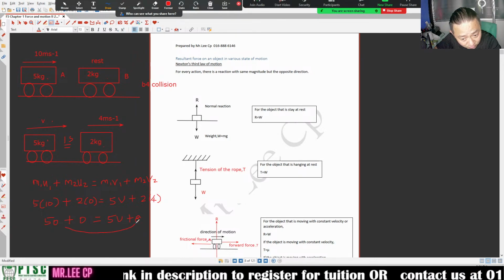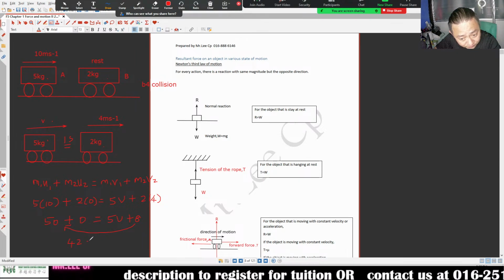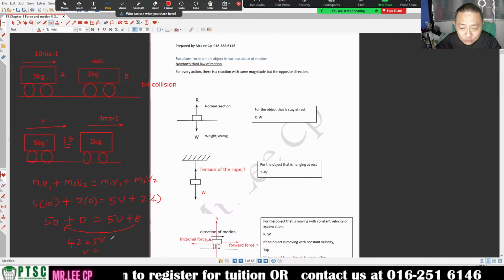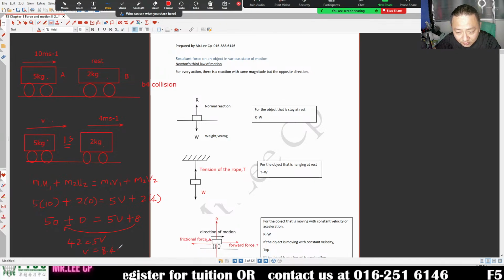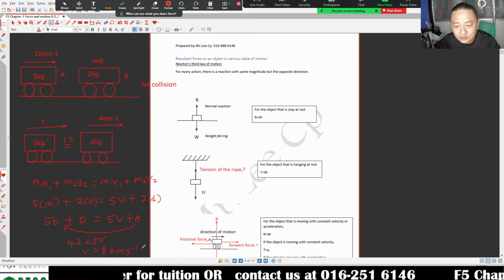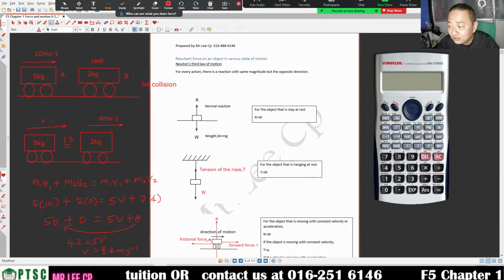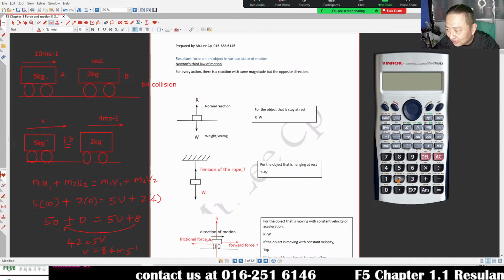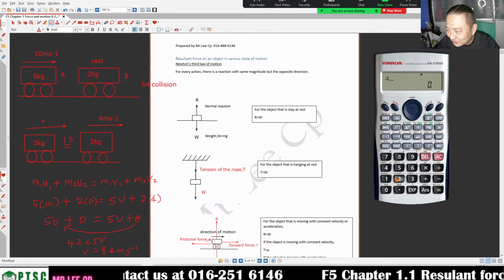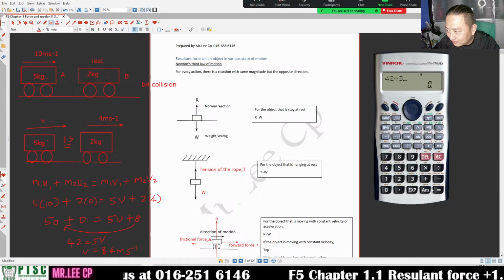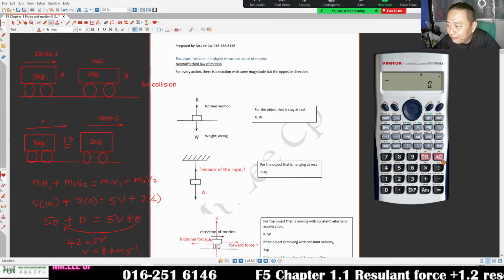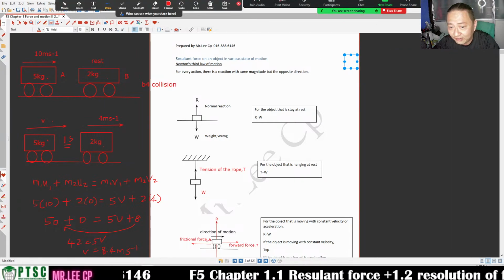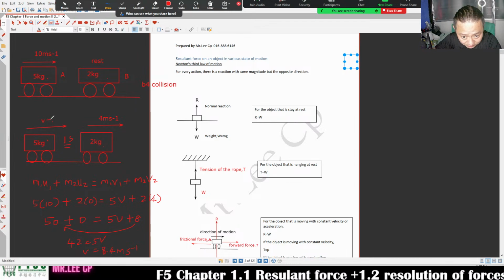You move the 8 to here, left 42. v is 42 divided by 5. Let's use the calculator, I'm afraid of making mistakes. 8.4. So this velocity is 8.4.